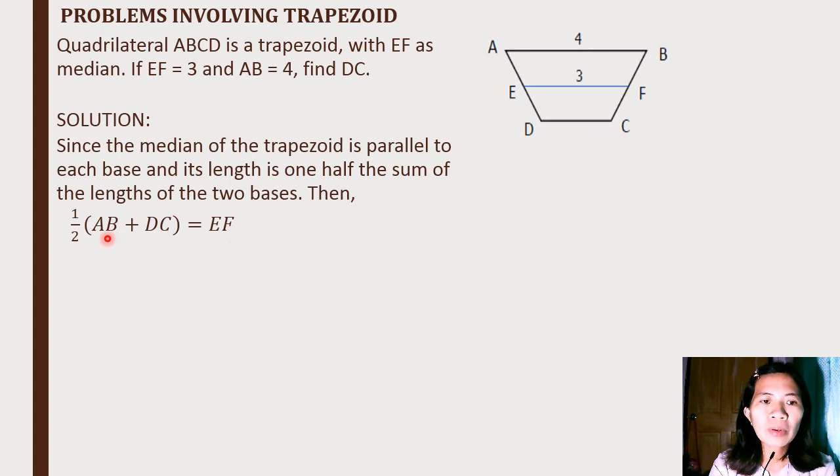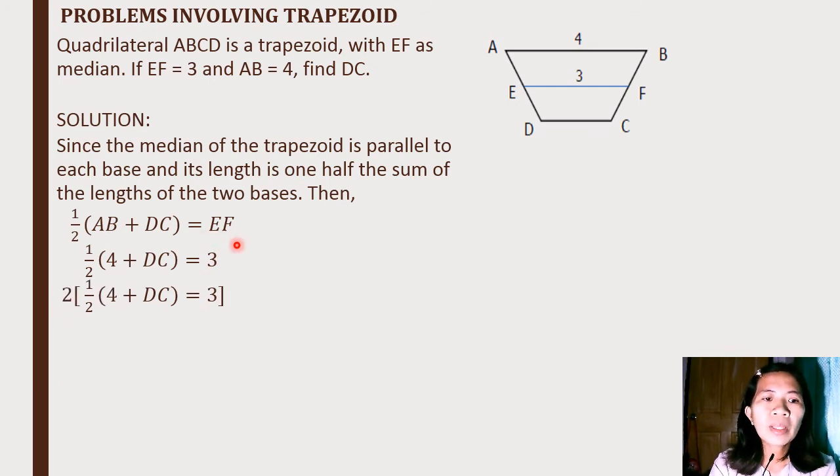So we add the measures of the two bases and then divide by 2, or take 1/2 of it. That will be the median of the trapezoid. Let's have now the given. Substitute it in the formula. 1/2, the measure of AB is 4 units, plus DC, equals 3. 3 is the measure of segment EF.